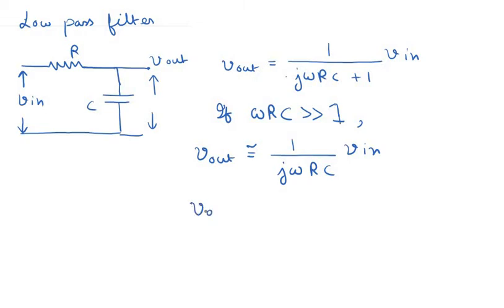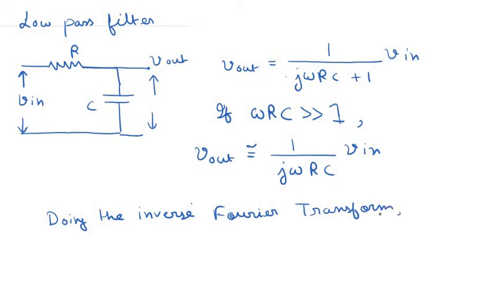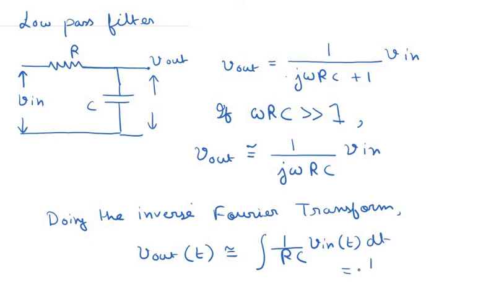So V out, if we do the inverse transform, okay, so V out is basically 1 by RC integral of V in t dt.